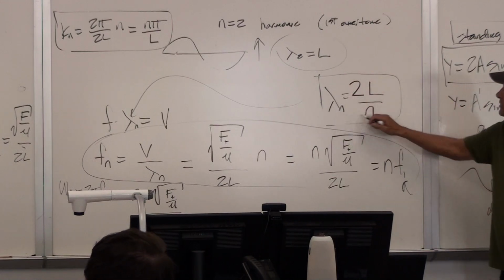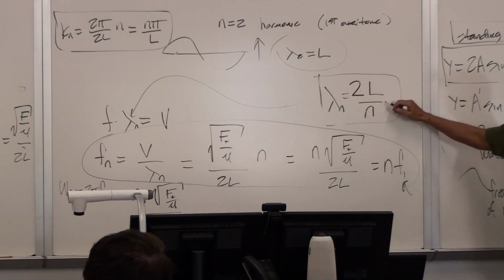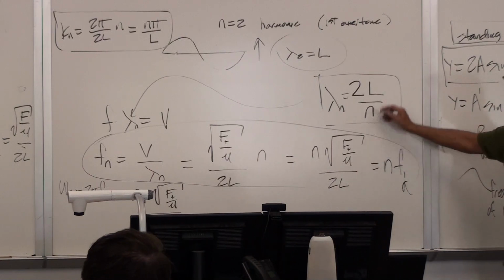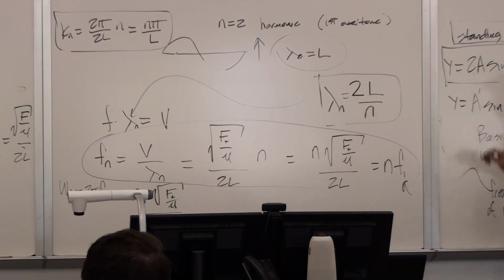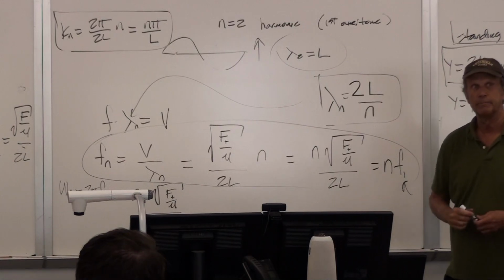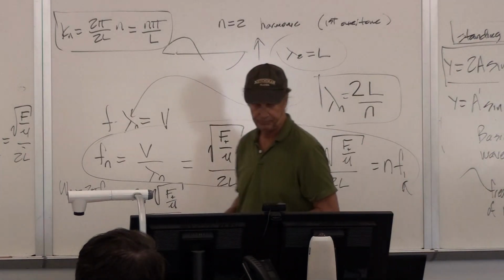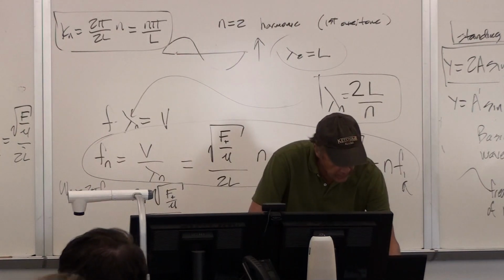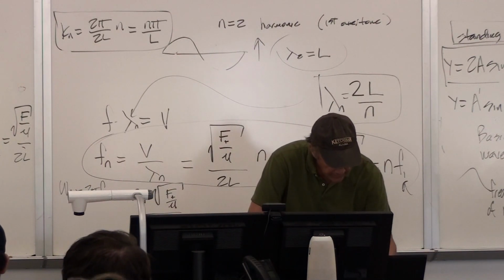And this gives you the associated wavelengths of those standing wave patterns. So those are the two kind of critical points. And then this equation here I would give you if you needed to use it for a quiz or exam. I wouldn't expect you to derive it. All right, so on to our in-class activity.